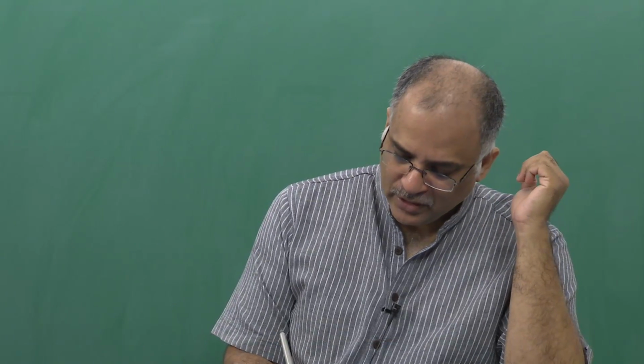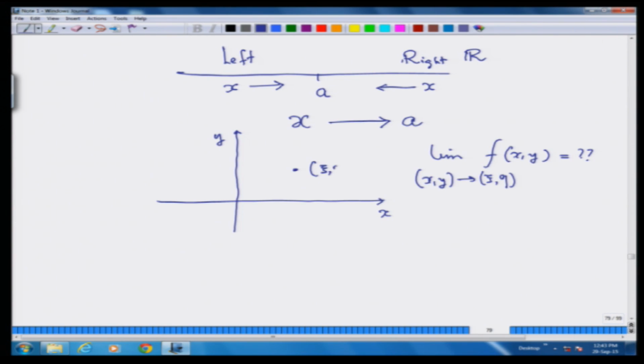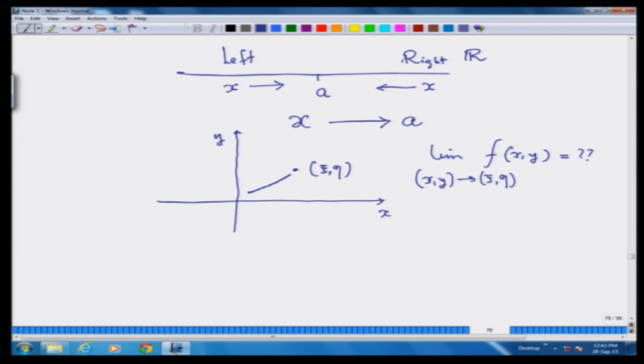So, this is your point xi eta, and I want to say that x y is approaching xi eta. What is the meaning of the term x y approaching xi eta? That is the crucial thing. So, x y can come to it like this on a straight line, or you can approach xi eta along a curve, you can approach xi eta along this curve, you can approach xi eta in very complex ways.